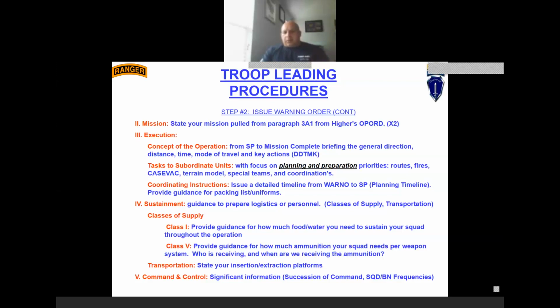So remember, in leadership, if you're in lead, take lead. And when you, as a PL, get this op order, you tell the platoon sergeant, hey, you got sustainment and you got a CASEVAC plan. Like the RTO, you have command signal. Okay, and so everyone has that piece.